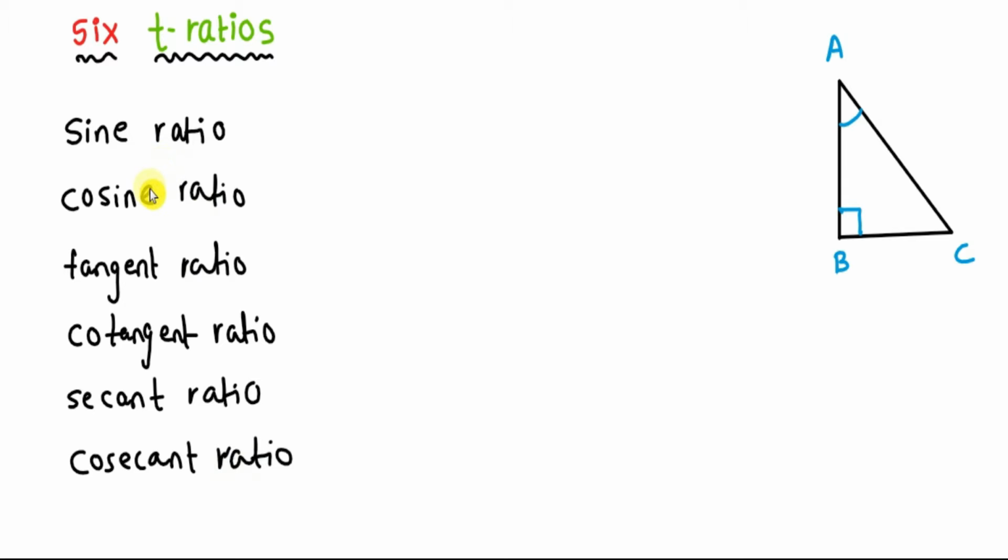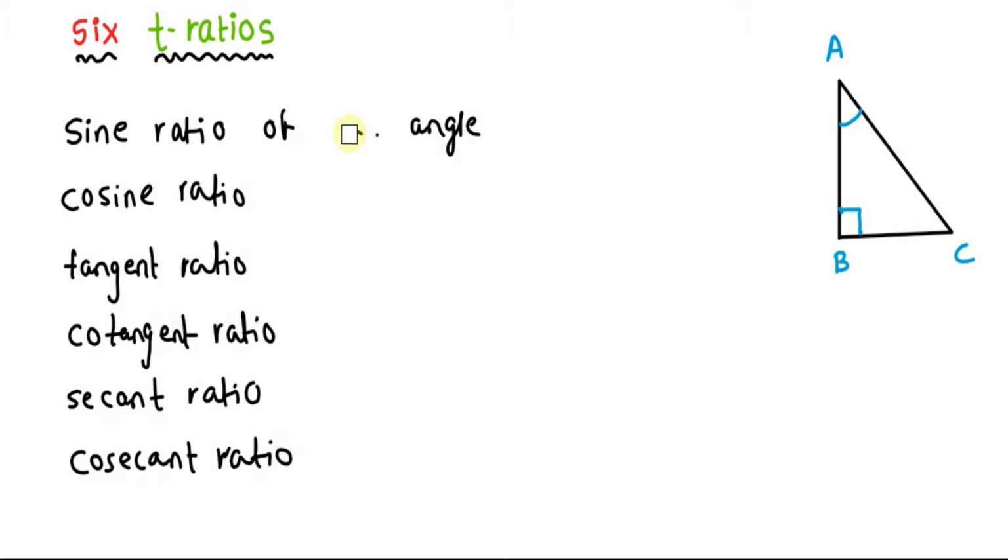Now these ratios are always with respect to the reference angle which is given. So sine ratio is with respect to the reference angle. So we say sine ratio of the reference angle, whichever it may be. In the similar manner, cosine ratio, tangent ratio, cotangent ratio, secant ratio, and cosecant ratio are all with respect to the given reference angle.